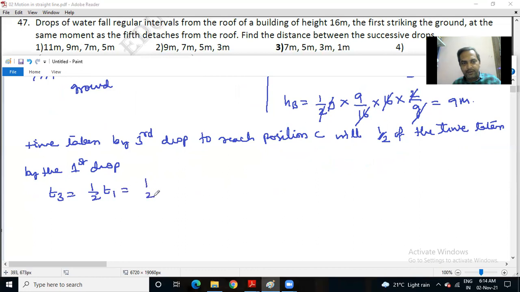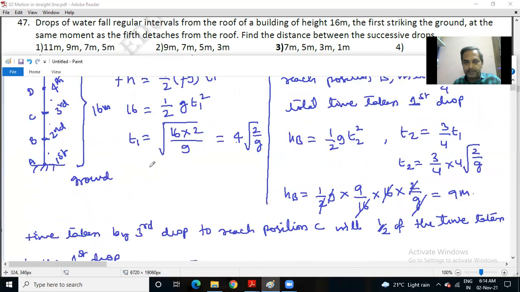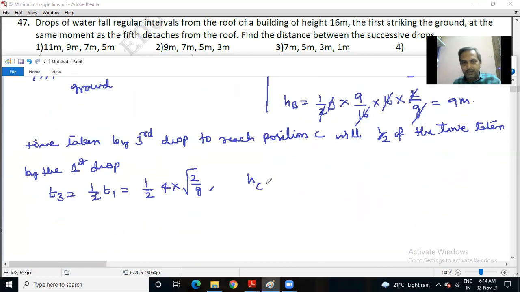T3 is half into T1, and you got T1 as 4 into under root 2 by g. Now let us find out H. This is HC, let us say, the third drop at position C. HC is equal to, coming to position C, it takes time T3.